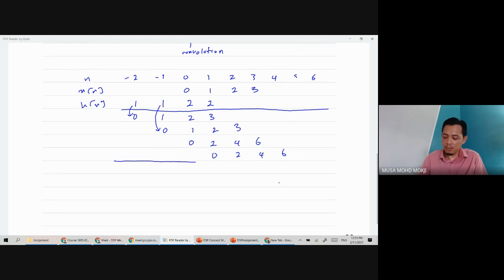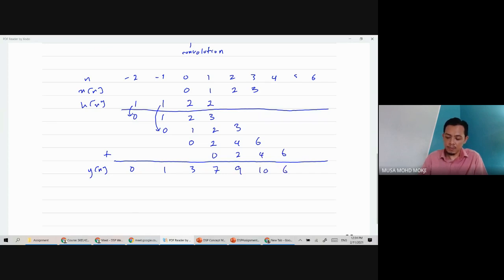So the last one is to do the summation. You will do the summation to get yn. So this is a 0. 1 plus 0 is 1. 2 plus 1 is 3. 3, 5, 7. 3, 7, 9. 10.